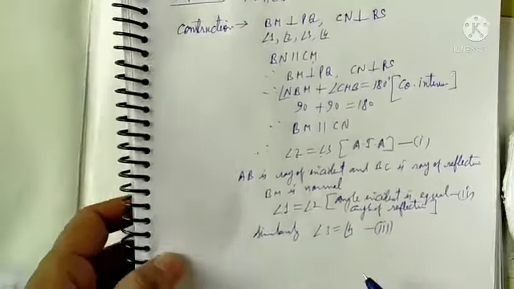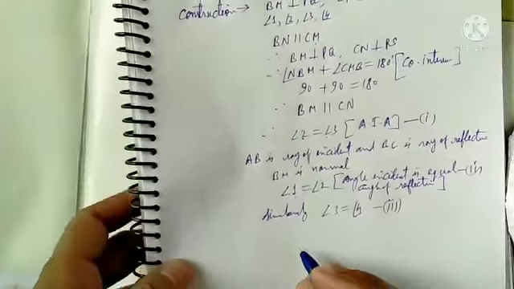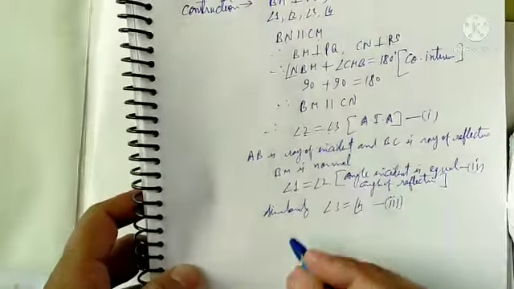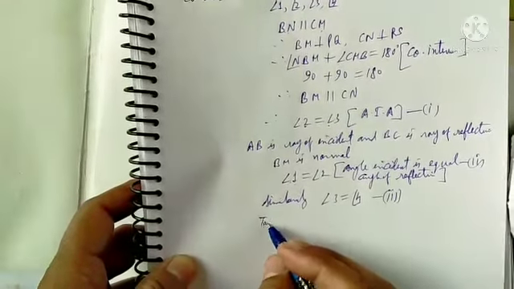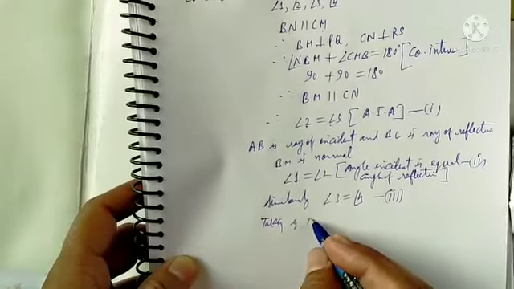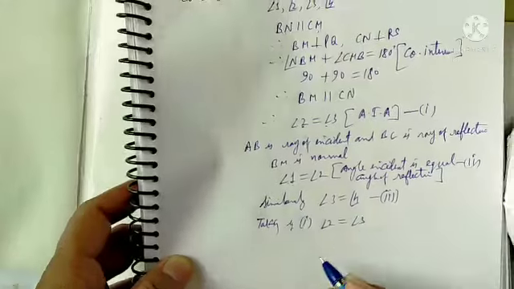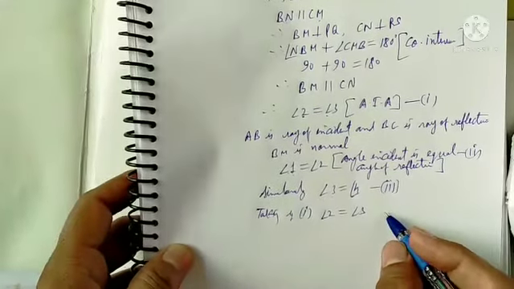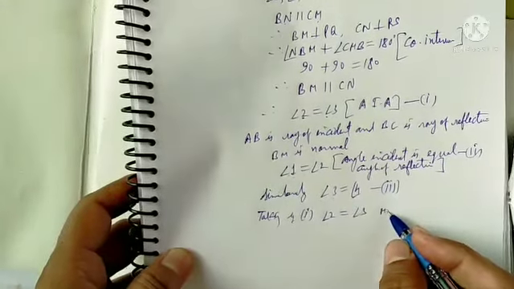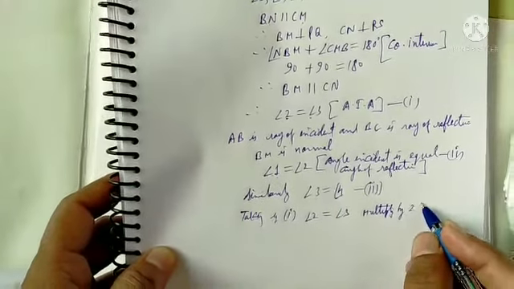Now you will take twice of angle 2. Taking equation 1, angle 2 is equal to angle 3, and what you can do is multiply both by 2.